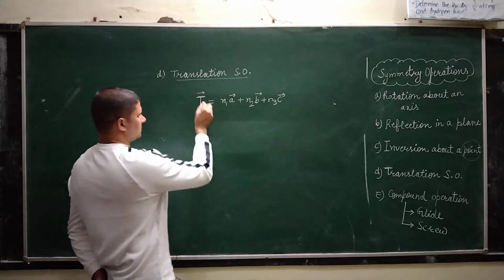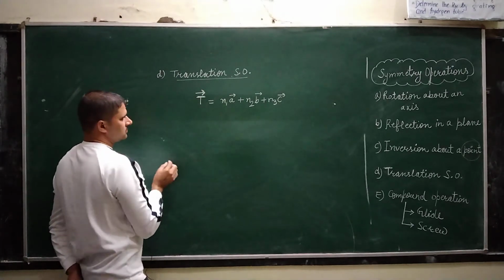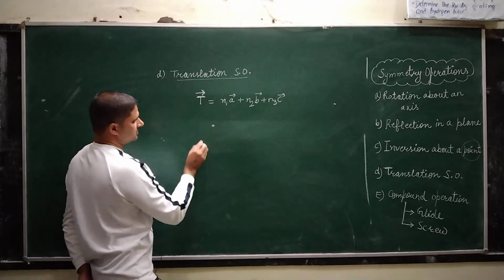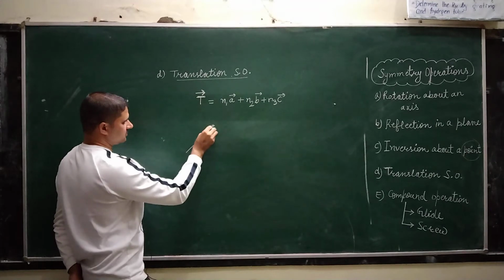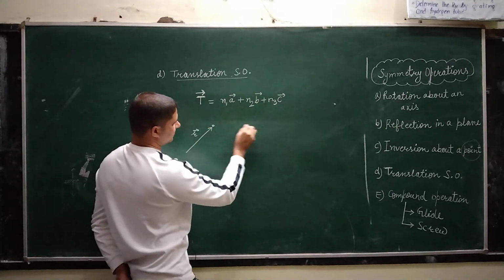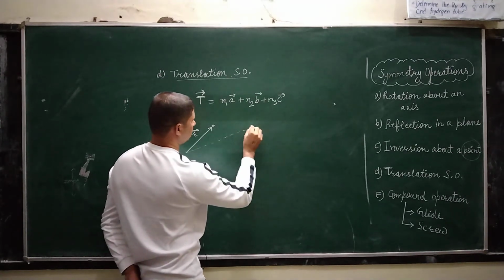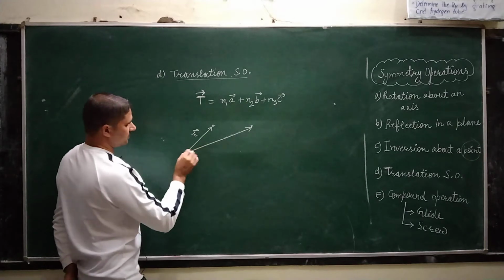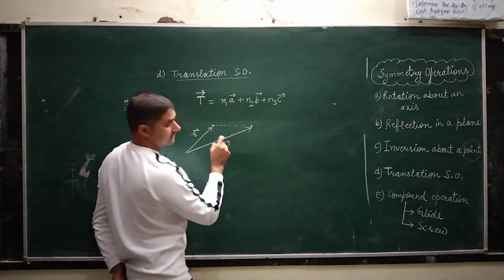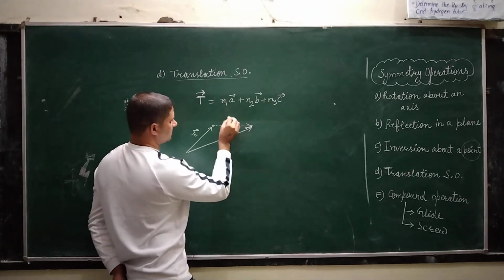This translation vector will connect any two points. Let us say we have a lattice point represented by a vector R, and another lattice point at some distance, represented by a vector R dash. Then to join these two lattice points, you will make use of the translation vector.